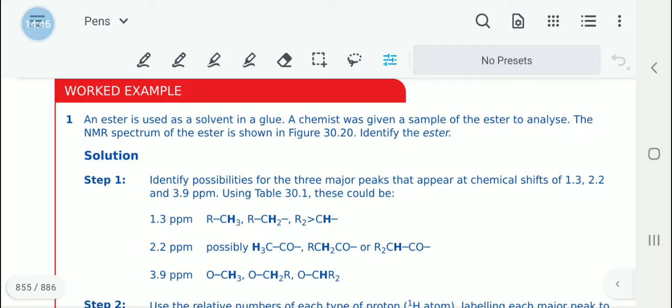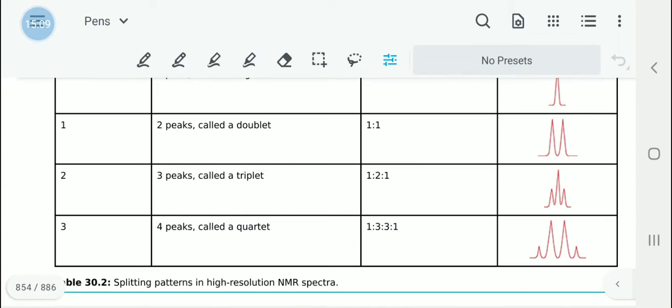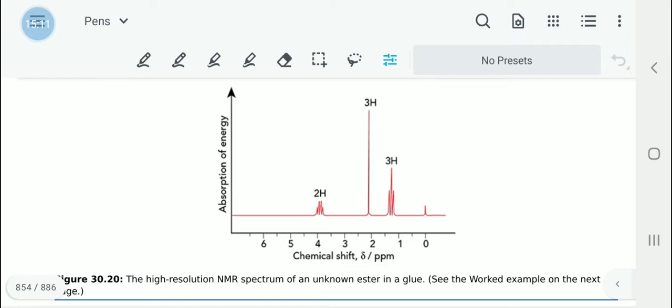The NMR spectrum of the ester is shown in figure 30.20. Identify the ester. So we have to identify the possibilities for the 3 major peaks that appear at chemical shifts of 1.3, 2.2 and 9.9. So we have to go back to that NMR table that was given. We know that 1.3 ppm is here, that means this part.